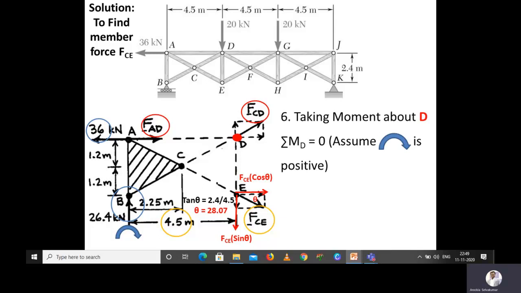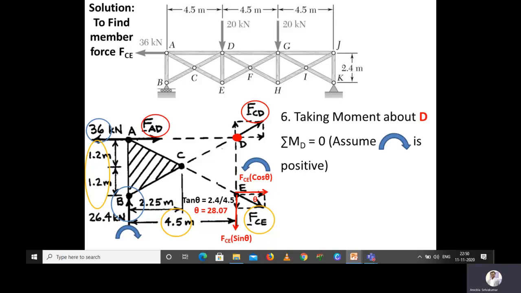But if you take FCE cos theta with respect to point D, it is having a perpendicular distance. That perpendicular distance is 2.4 meter. And if I'm holding at point D and then if I'm applying a force FCE cos theta, definitely the FCE cos theta force will make the truss to rotate in counterclockwise.